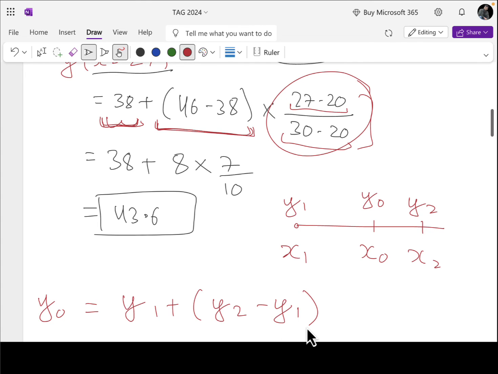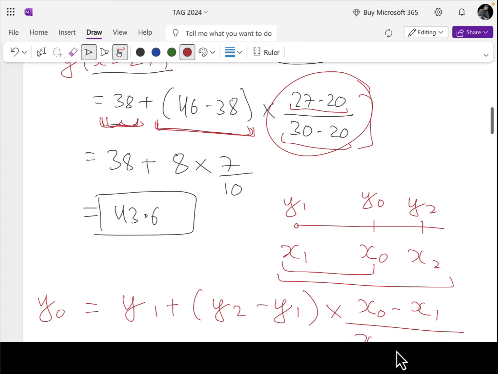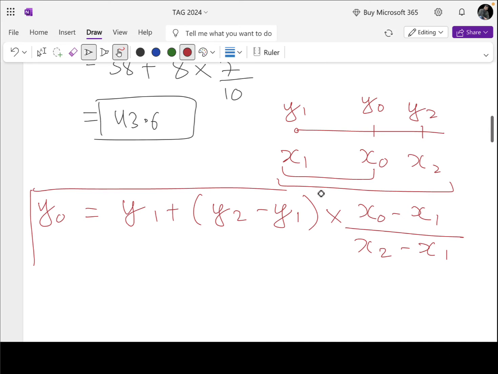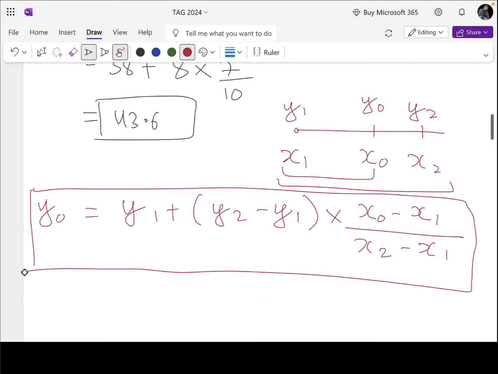But what proportion of it? Only part of it up to x0, right? I just want to cover this part of it out of this whole thing, right? So I will just say x0 minus x1 divided by x2 minus x1. This is your generalized formula for linear interpolation. This is how you apply it, right? Just take what is the total distance in y, apply the ratio. What have you covered in x? You will cover the same proportion in y, right?